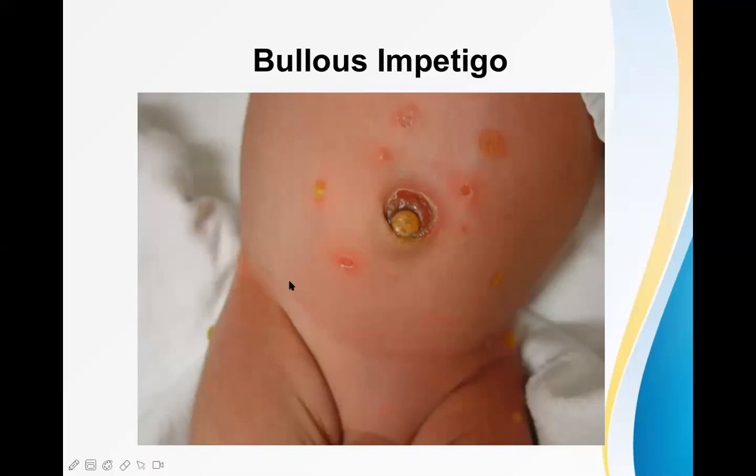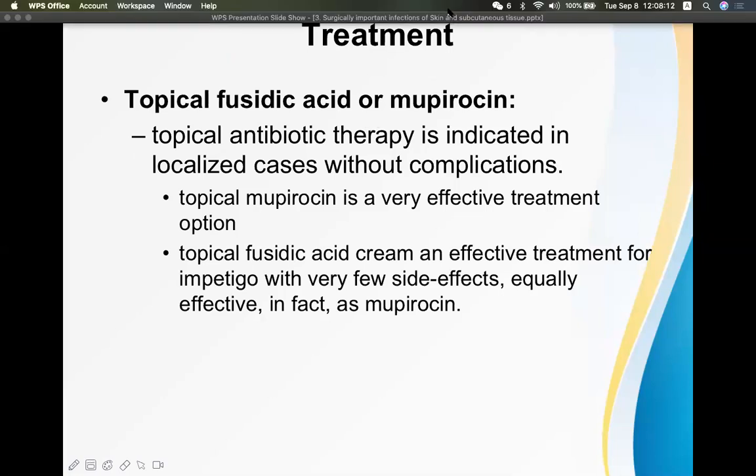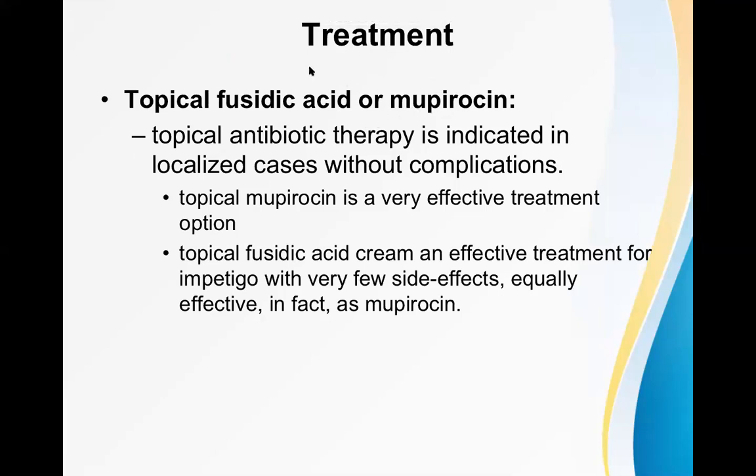Some local antibiotics can also be tried here, because this is considered not a very serious type of infection. So what are those topical or local antibiotics which can be tried? Look at the name there. They are topical fusidic acid or mupirocin. Please remember these names. These are very helpful for you.